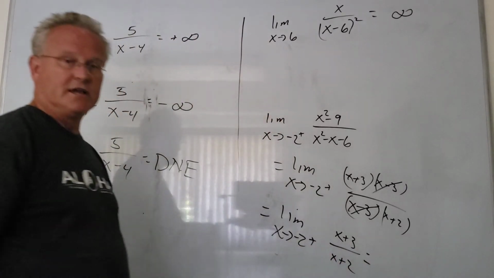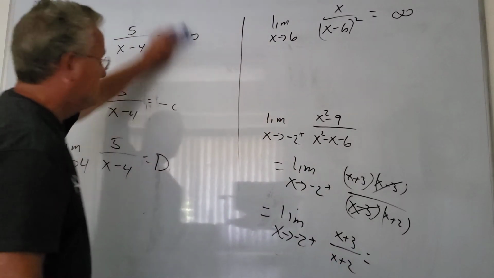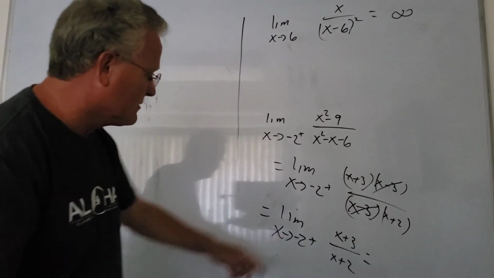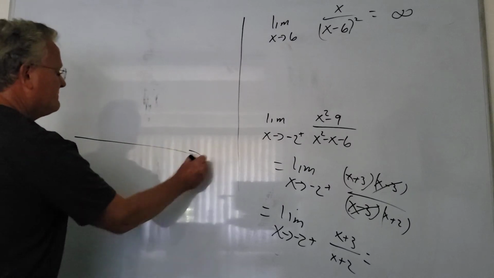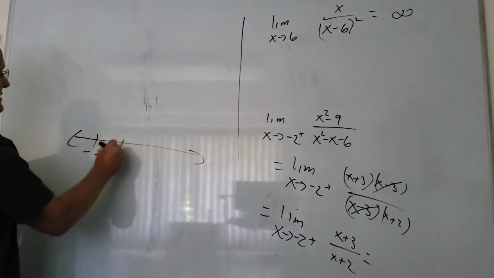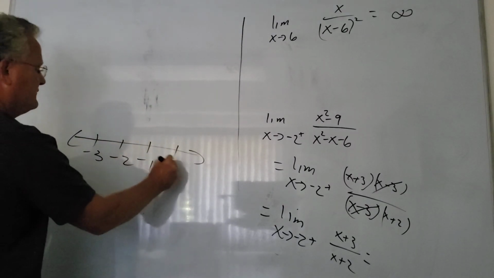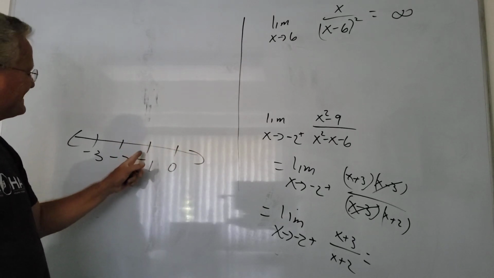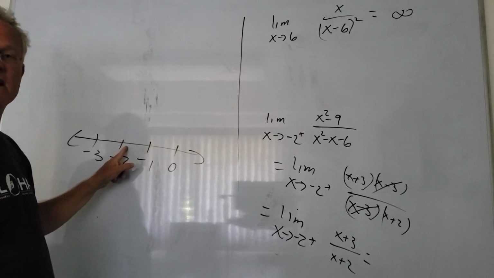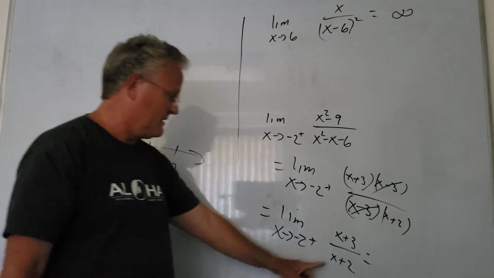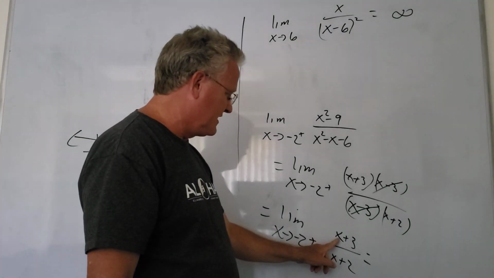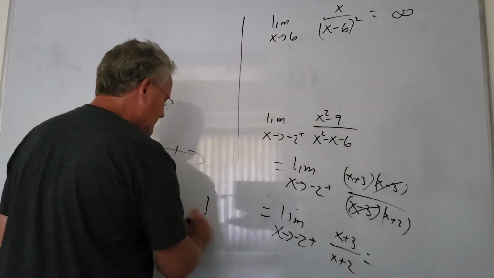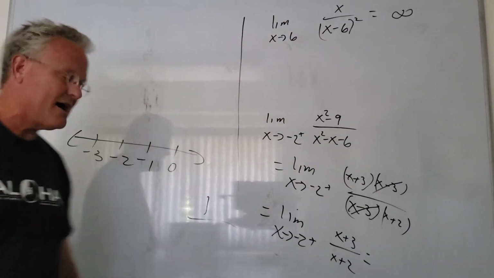So what is this going to give us? Let's analyze this a little bit. As we're approaching -2, -3, -2, -1, 0, we're approaching -2 from the right. So it's like -1.9, -1.999. -2 plus 3 is 1. And what's happening to the denominator?